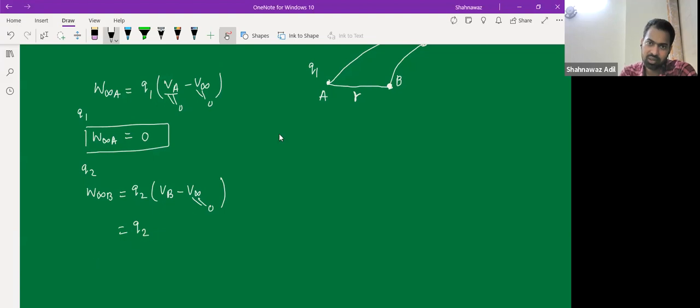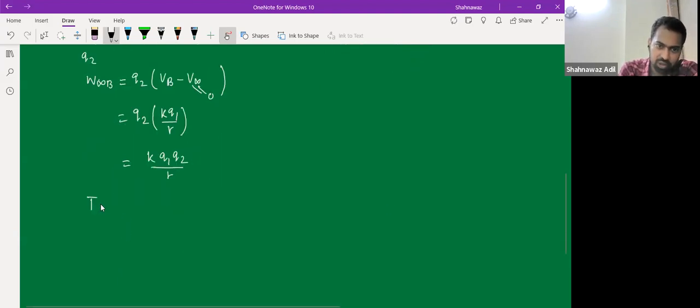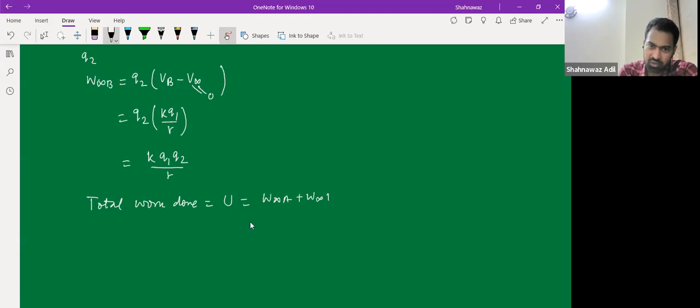Yes, due to this Q1 charge, absolutely right, Aisha. That would be KQ1 by R. So now we will get KQ1Q2 by R. The total work done, which is the potential energy, is 0 plus KQ1Q2 by R.